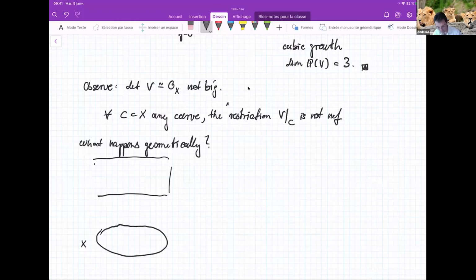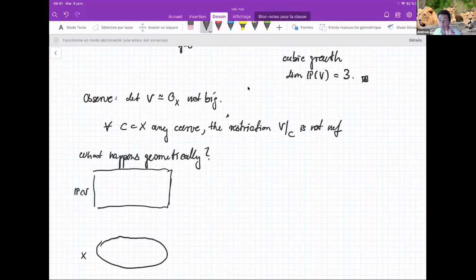Now in this threefold P of V, I have one section which is quite significant, S0 in P of V. That's the section which corresponds to the quotient which I obtain by projecting onto A star, the quotient V maps to A star.